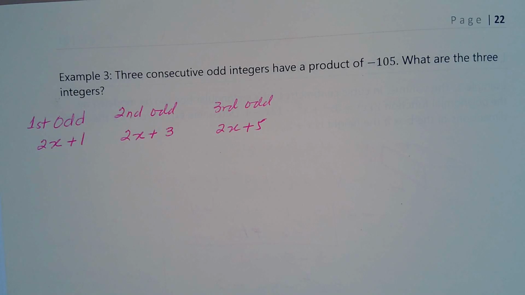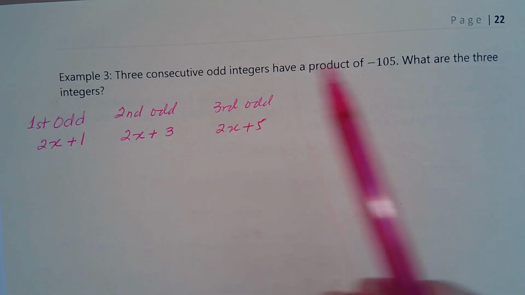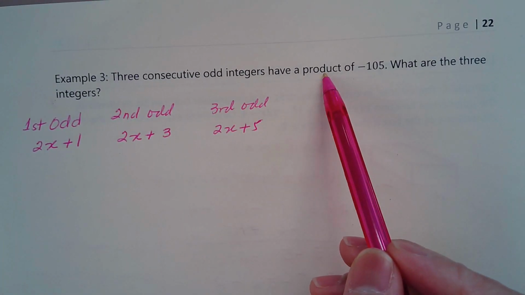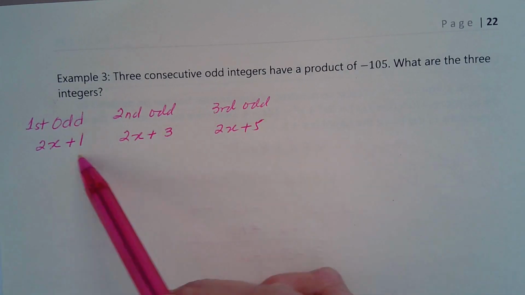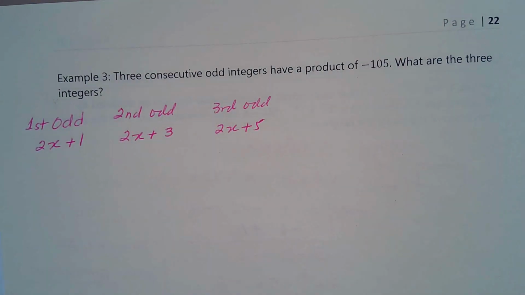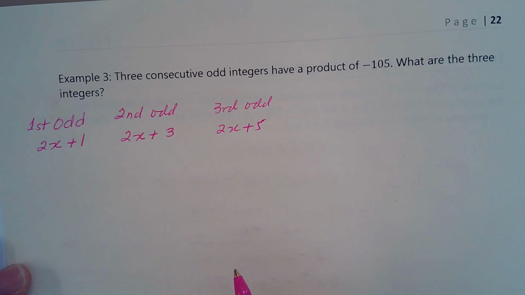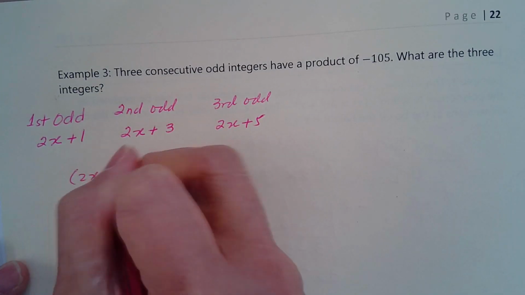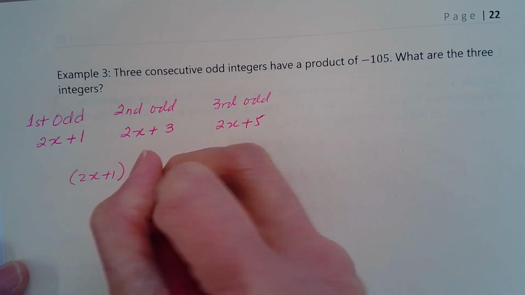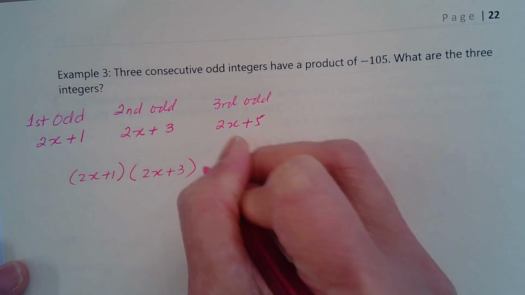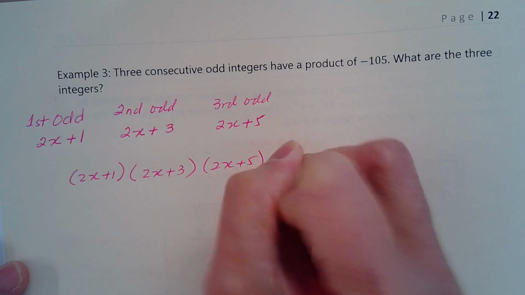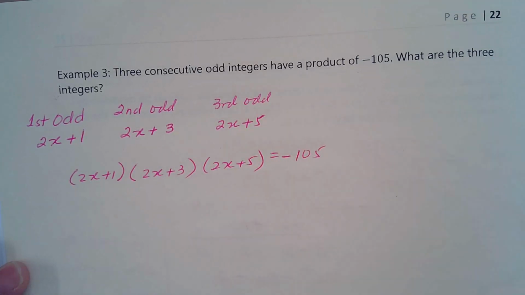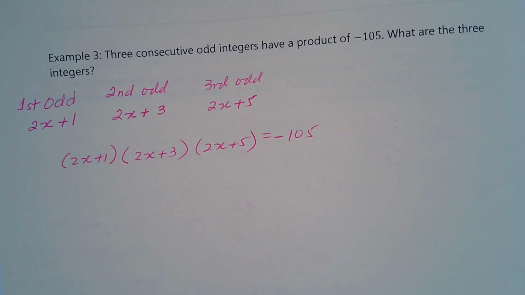Now it says here we have to have a product of these 3 odd integers that equals negative 105. So the product is 2x plus 1 times 2x plus 3 times 2x plus 5, which will give us negative 105.